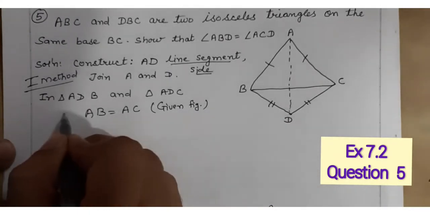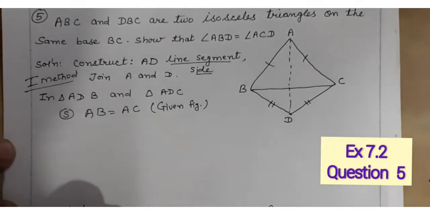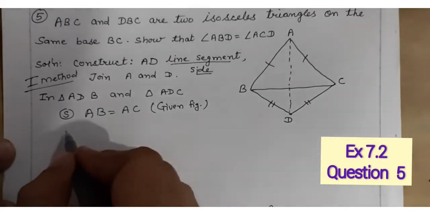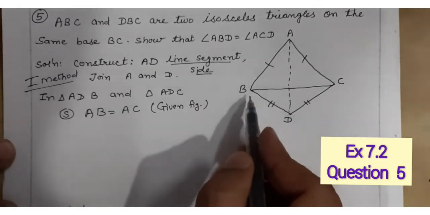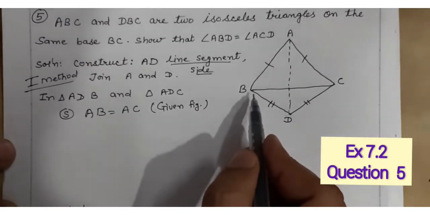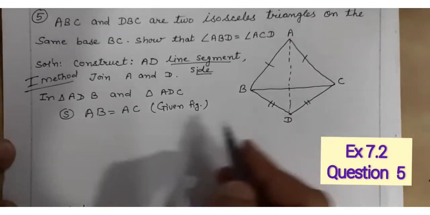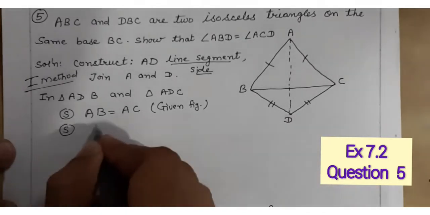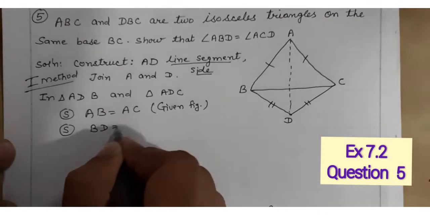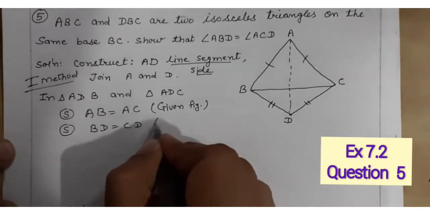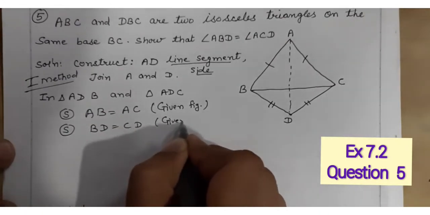This is one side. Then BD equal to CD. This is another side, given in the figure.